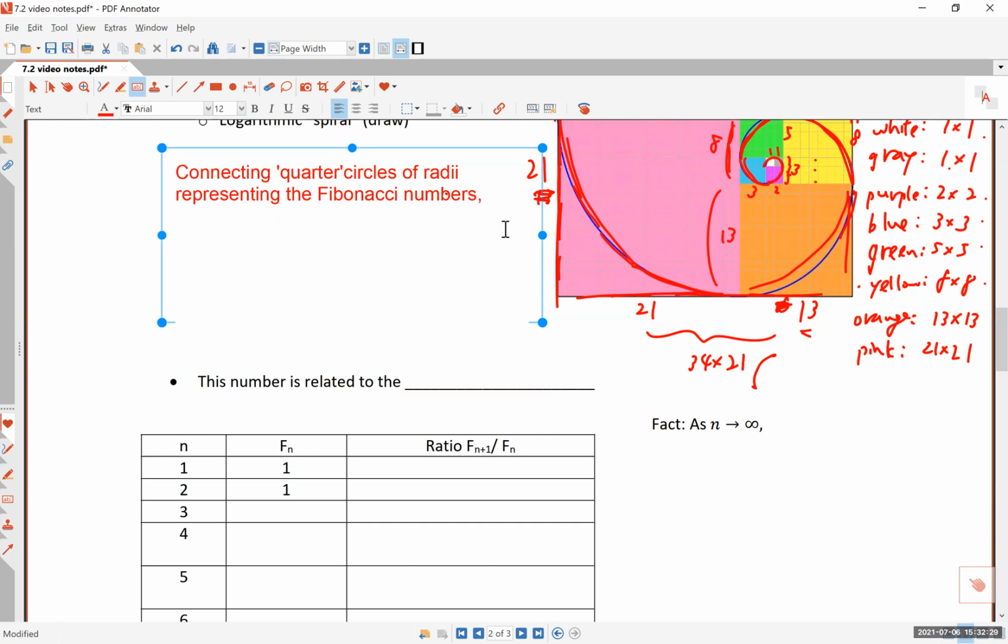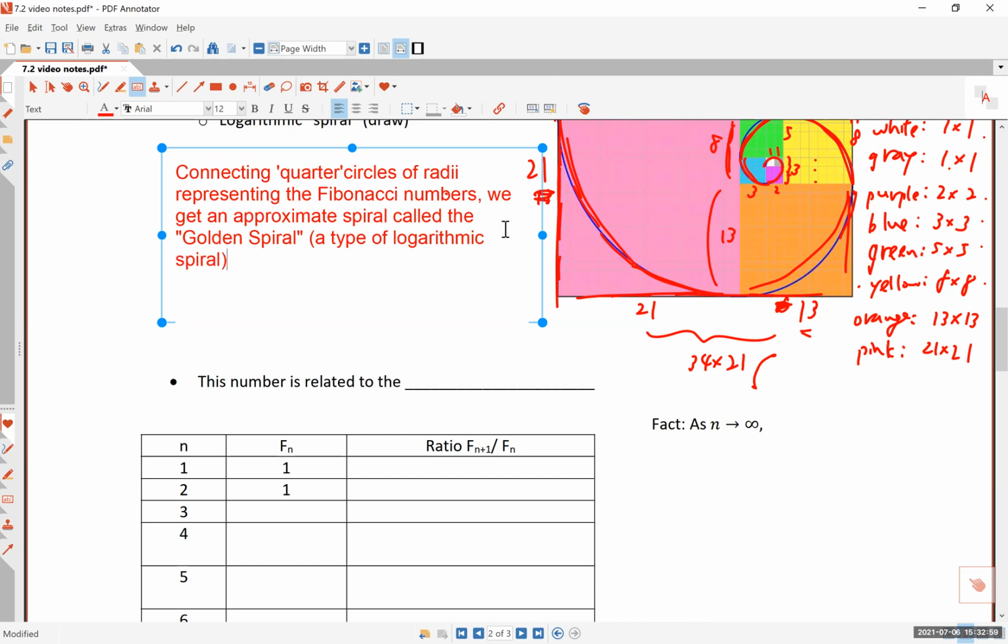Connecting the quarter circles of radii representing the Fibonacci numbers, such as 1, 1, 2, 3, 5, 13, 21, and 34, what we get is an approximate spiral called the golden spiral, a type of logarithmic spiral.